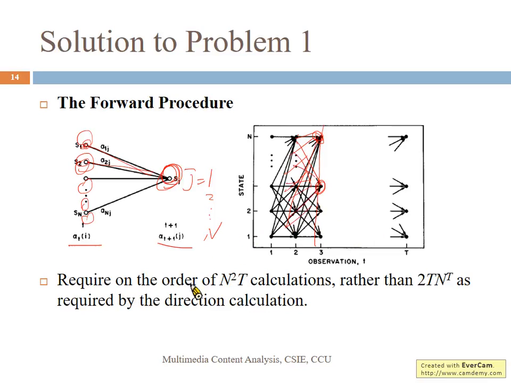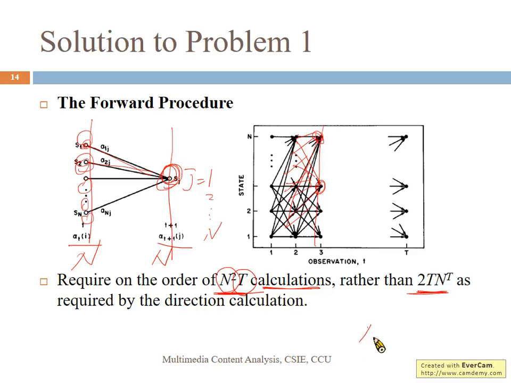And finally, we require on the order of n squared T calculations, because for each time instance, we consider n states, and for each state, we consider the previous n states. So at each time instance, we need n squared operations, and because we have capital T time instances, we totally need n squared T calculations, which is much fewer than the original one.